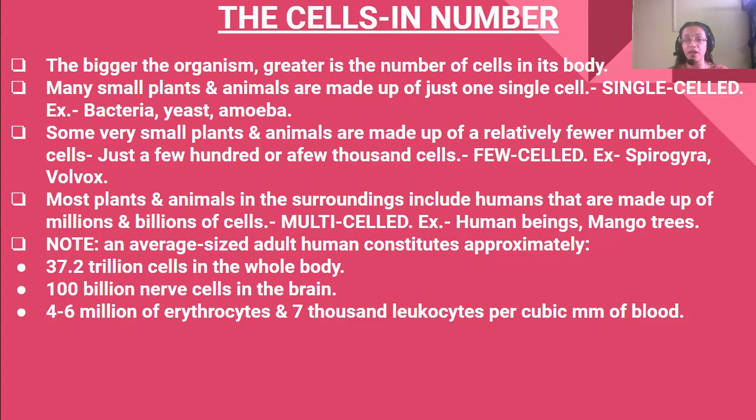Those are few-celled organisms like Spirogyra, Volvox, etc. Then most plants and animals around us, including humans, are made up of millions and millions of cells. They are multicellular animals and plants, like human beings, mango trees, etc.